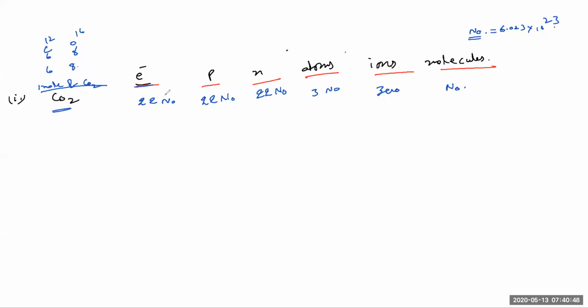First number of electrons, protons, neutrons, atoms, ions, molecules: only 1 mole. That means Avogadro number only. Neutrons, 6, 7, 8, 9. Understood, all of you? Yeah, understood. I remember it.